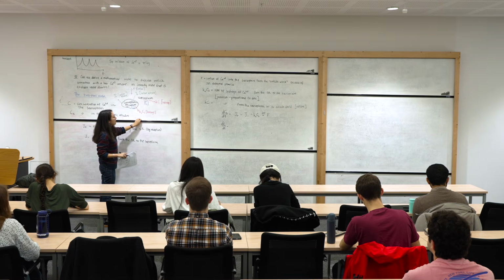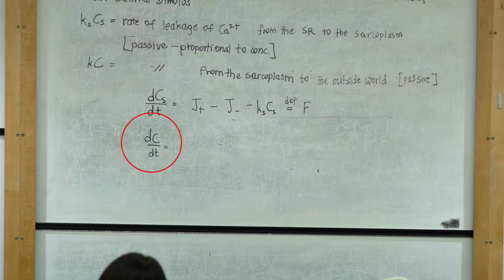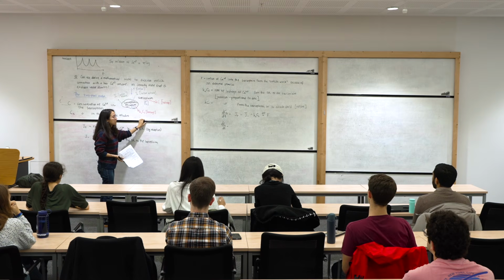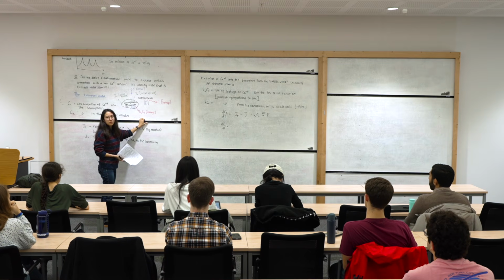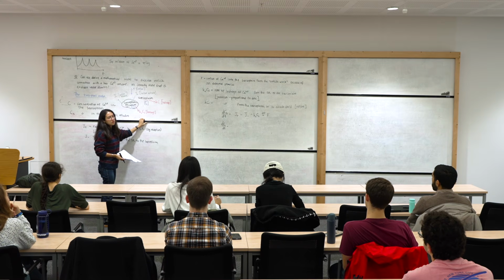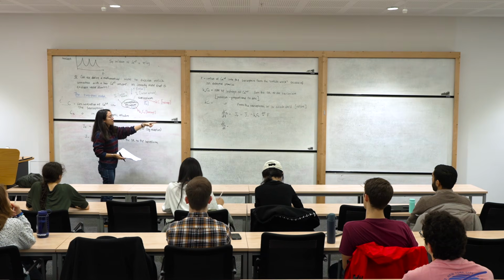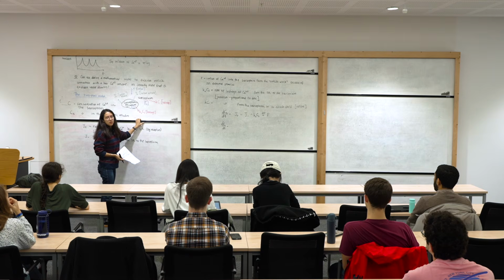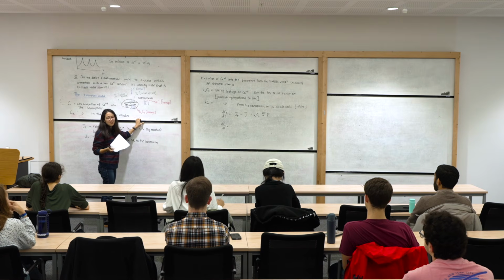And then can anyone see what the dC/dt will be? First of all, how does it relate to whatever I have written for dCS/dt? Those are terms that are being gained or lost from the sarcoplasm. Yes, exactly, it's lost.